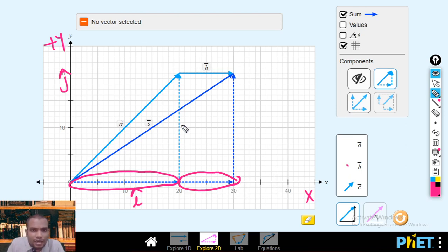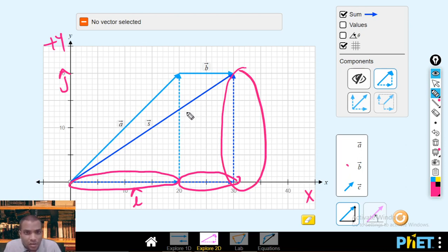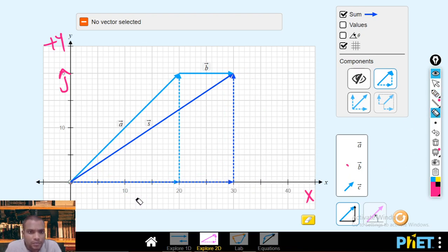Similarly, in the y-axis also it has components. Now I have to concentrate on the result. This is the y-axis component. The resultant vector is also resolved into two components, horizontal and vertical.